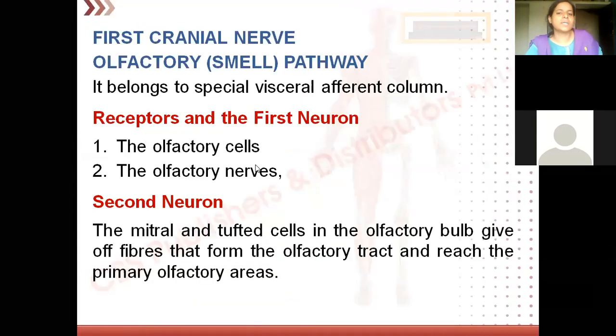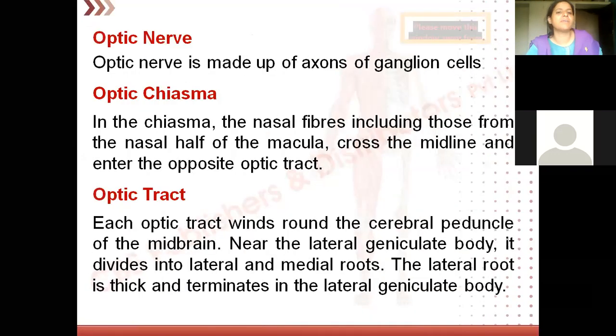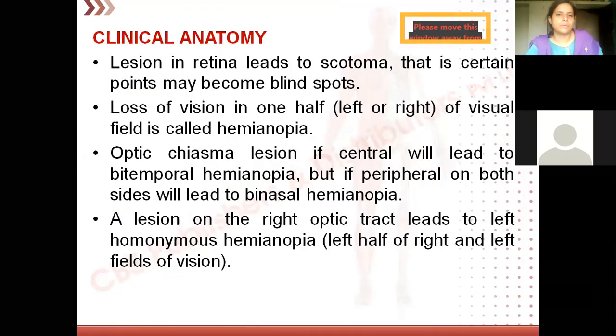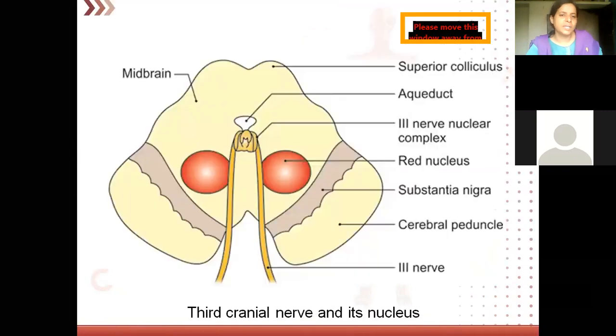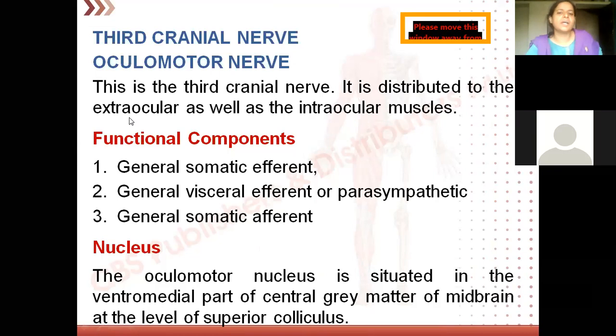So this is the basic information which you understand from the theory points. But see, the third cranial nerve is applied to the extraocular as well as the intraocular, with general somatic, visceral, and somatic afferent components.